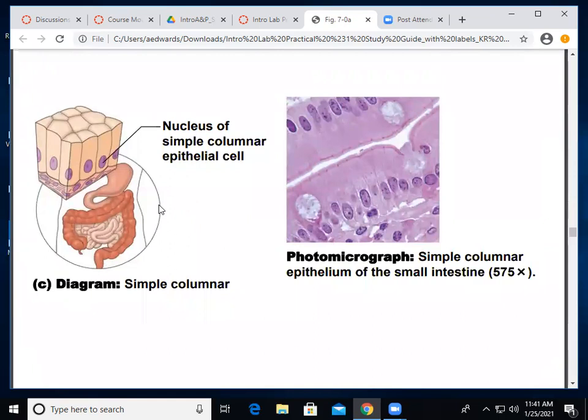Okay. Now, cells can also be rectangular or column-shaped. There's one layer, simple columnar. Okay.